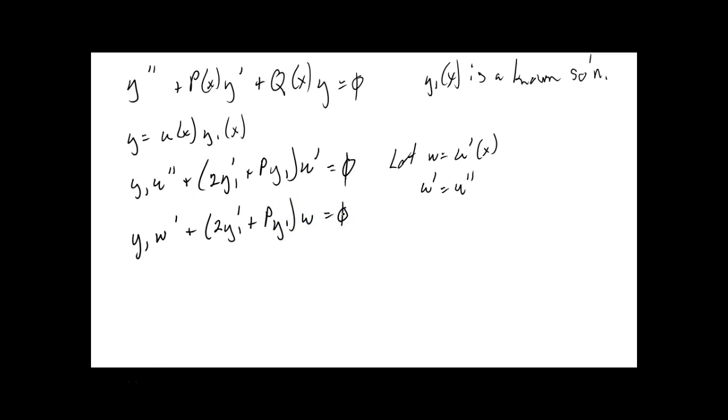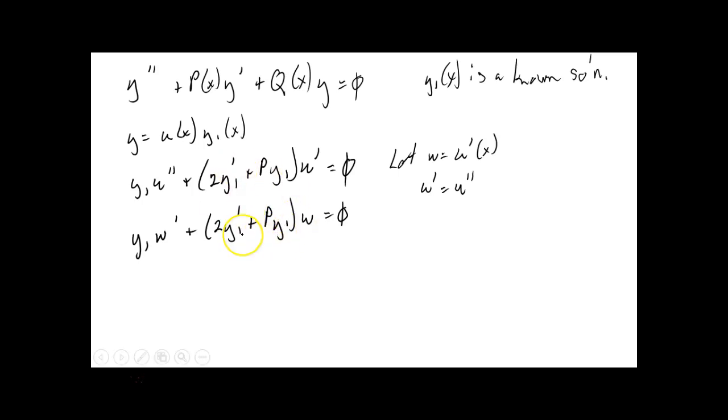Now, they make the contention here that this is both linear and separable. Certainly linear in the fact that you have some coefficient of x, only we're calling it y1 of x now, for the w prime, and a coefficient of x, the same p of x times y1 of x, times w.